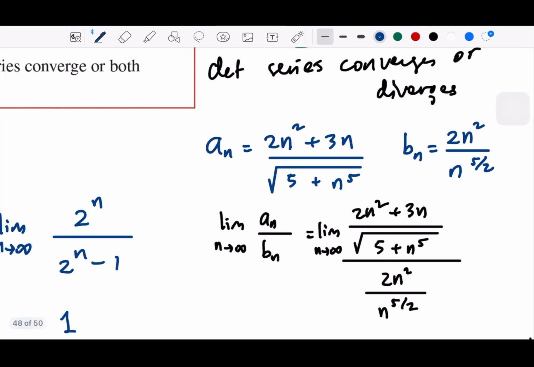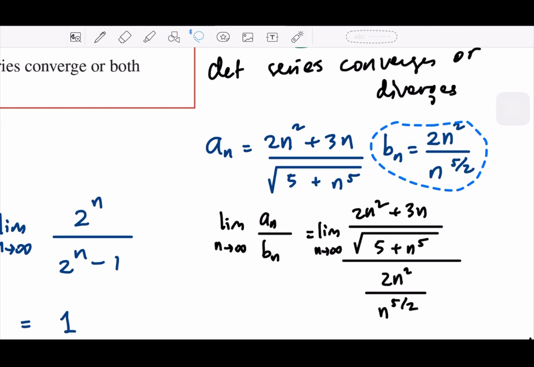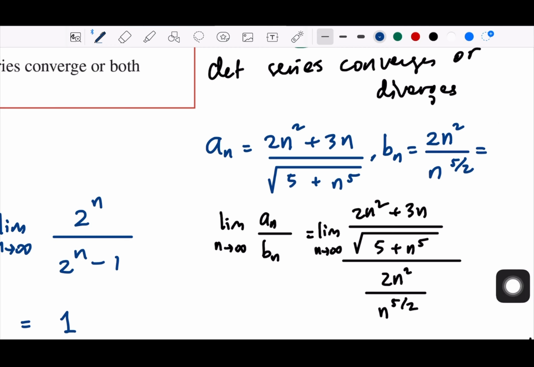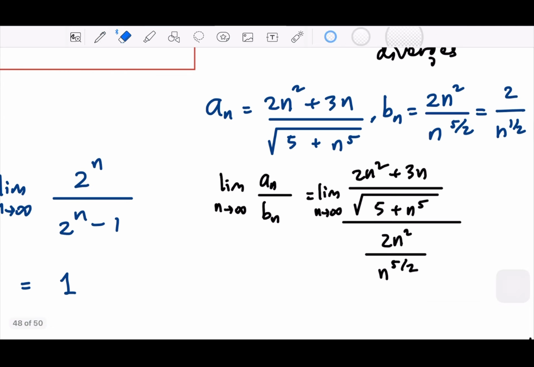This can be simplified. Two divided by n squared, so half, right? So we can write this just as 2 over the square root of n, or 2 divided by n with power of half.